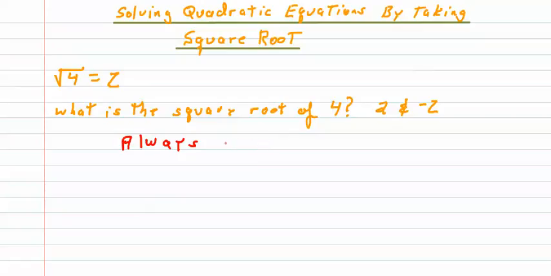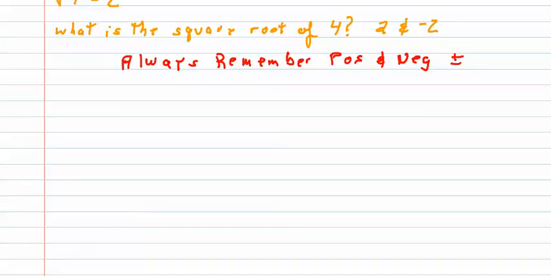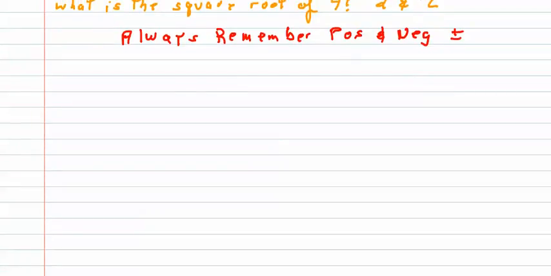Always remember positive and negative. And the way we write that is plus minus. All right, let's do some examples. And you're going to find this very simple.